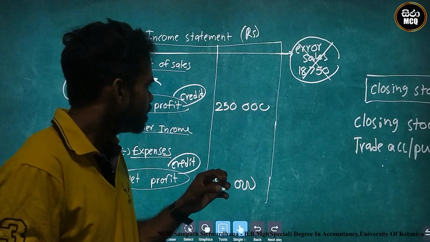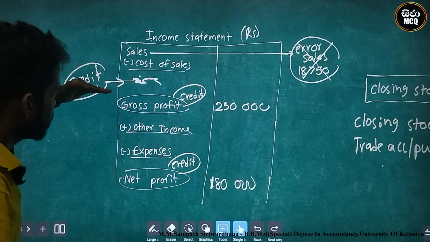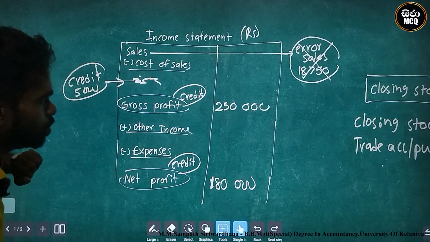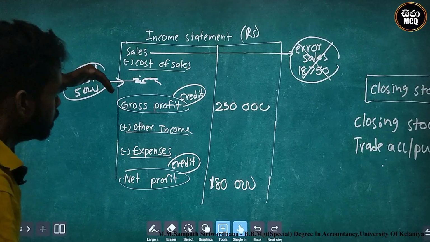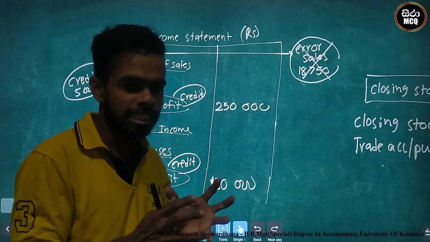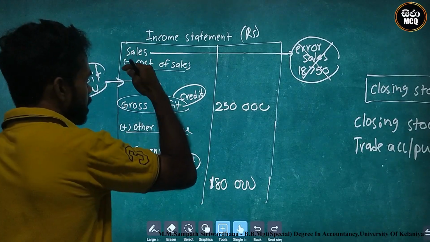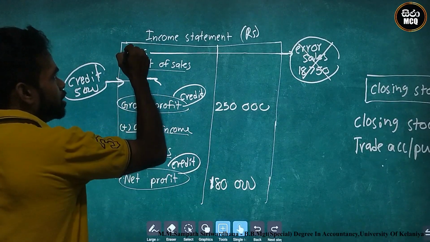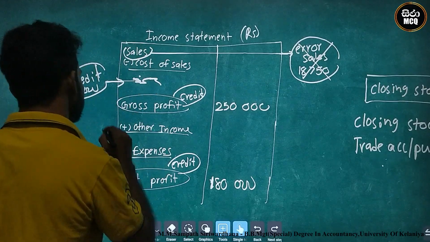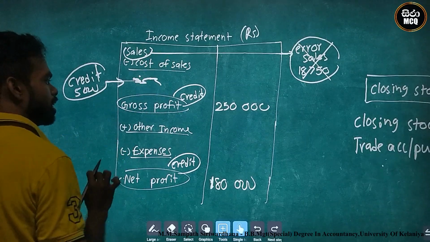Okay, in that case, this impact is top of this, the gross profit. Therefore, the gross profit must be adjusted. Why? The gross profit is calculated from sales and cost of sales. In that case, this impact to cost of sale.